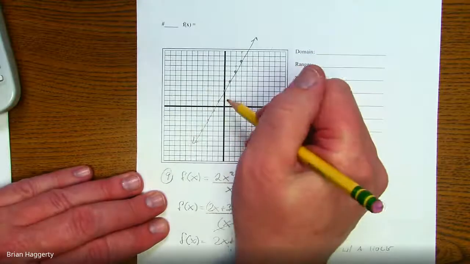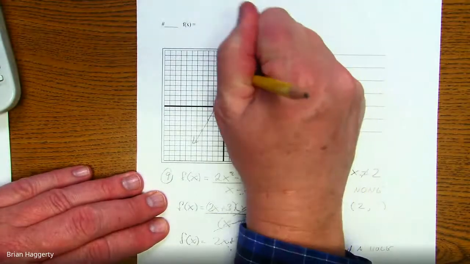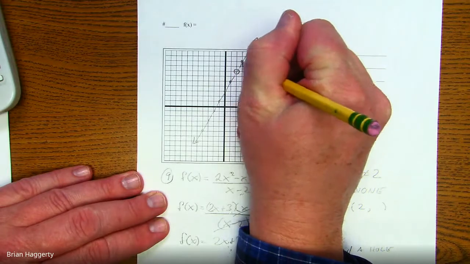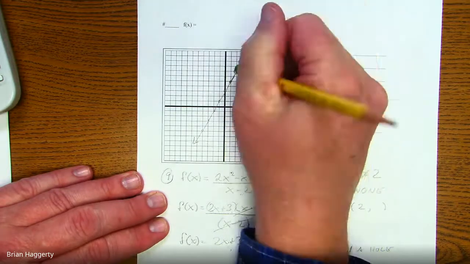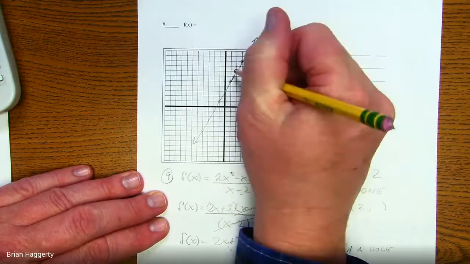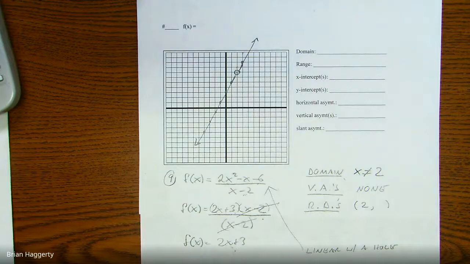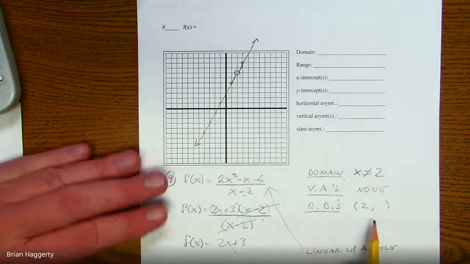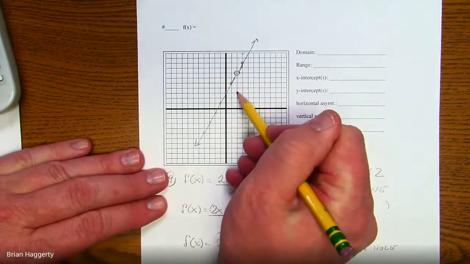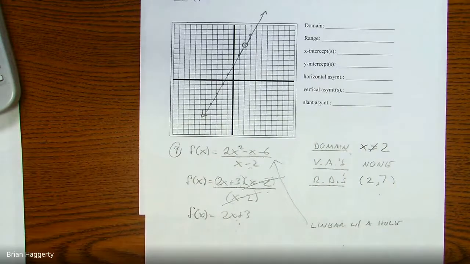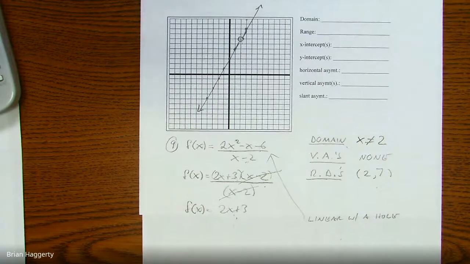So at x is equal to 2, that means we're going to have a hole right there. So the y coordinate of that hole is 1, 2, 3, 4, 5, 6, 7. So the hole, or the removable discontinuity, its more formal name, is at 2, 7.